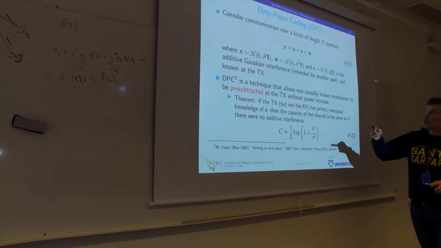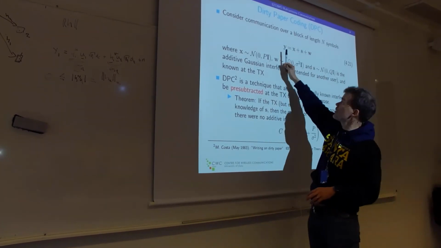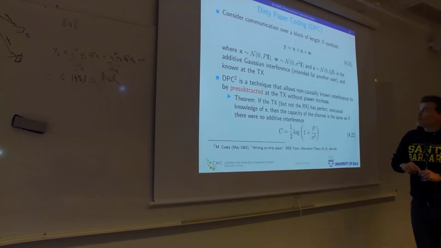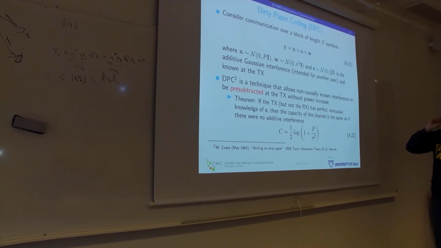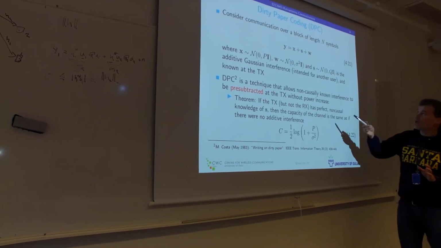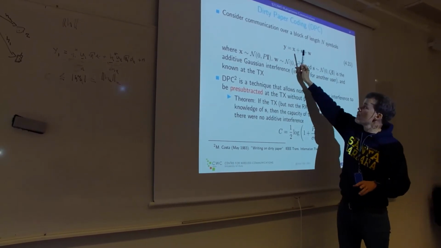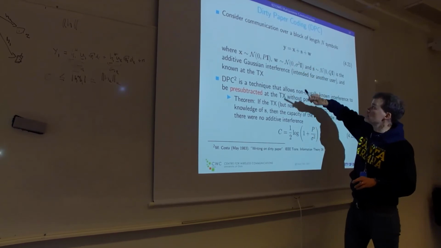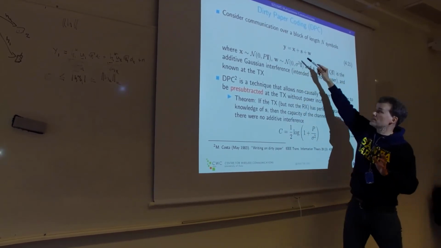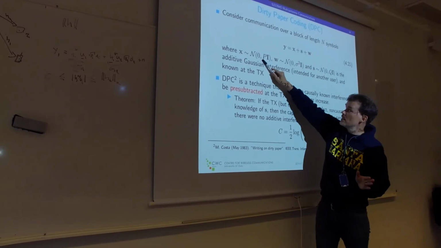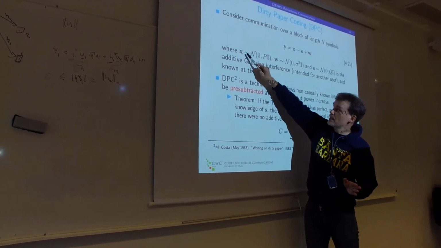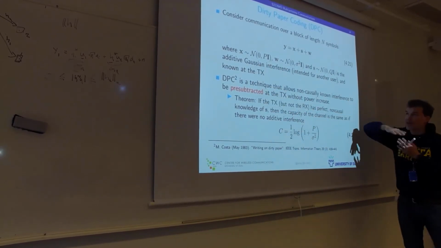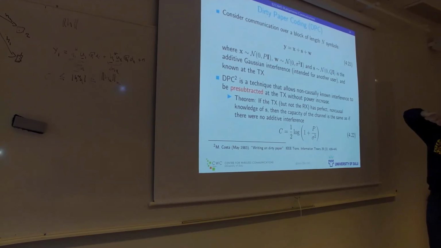So if you think about this communication model, this is general. We have received signal Y, which is the superposition of X, the desired signal, and some interference signal S. Just for simplicity, it's a real channel, and X is a vector that contains all n transmitted symbols in time.